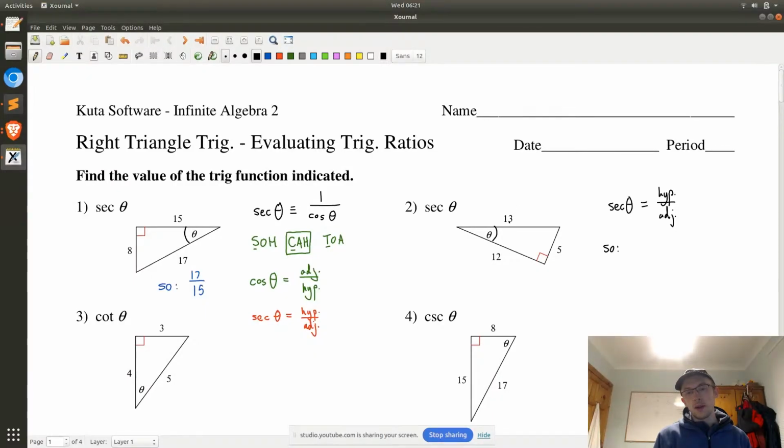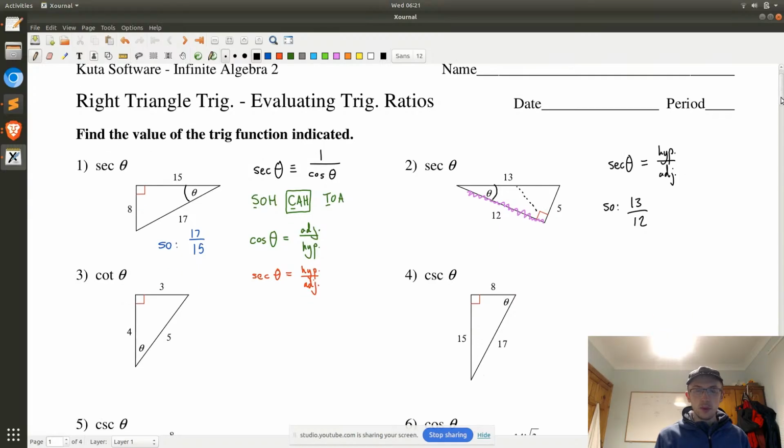The hypotenuse is 13. That's the longest side, and we can tell because it's opposite the right angle. And it's because it's the biggest number as well. And the adjacent side is the one that's closest to or next to the angle. One of the shorter sides, the one that is closest to or next to the angle. So it would be 13 over 12. Or 1 and 1/12.